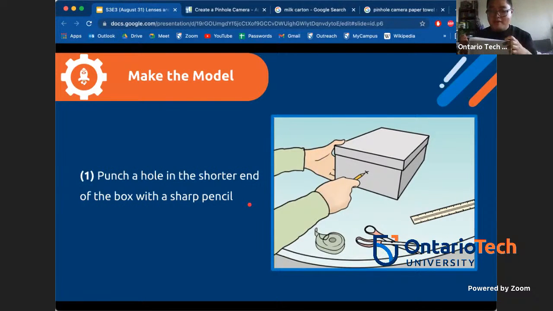Does everyone understand that? Do you want me to repeat what I've said? Feel free to ask questions. Feel free to raise your hand. I'm going to be trying to poke a small hole onto my box. I want this hole to be as small as possible for now. So I just take the tip of my pencil and poke a hole until the lead stops from the pencil.